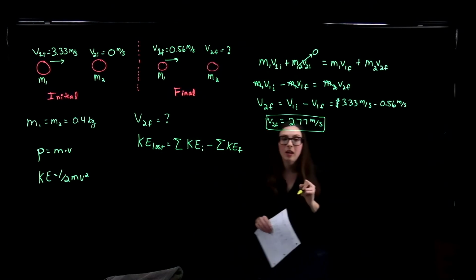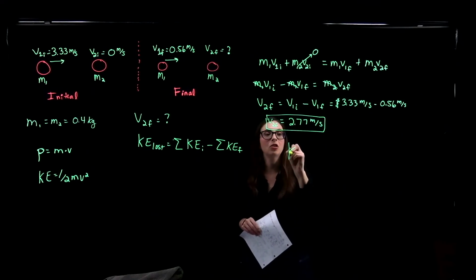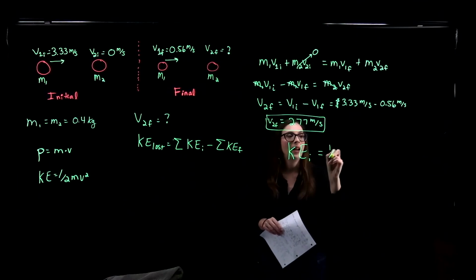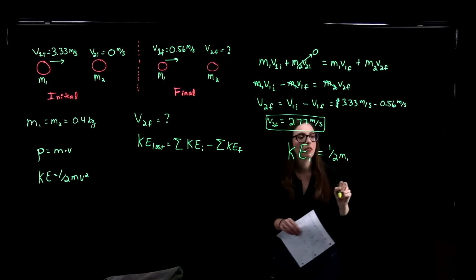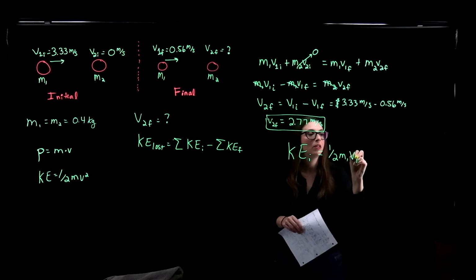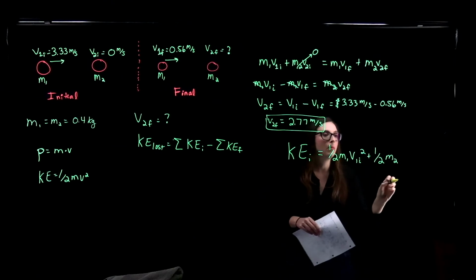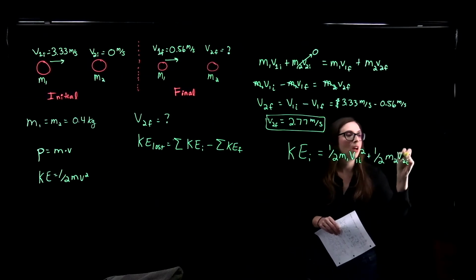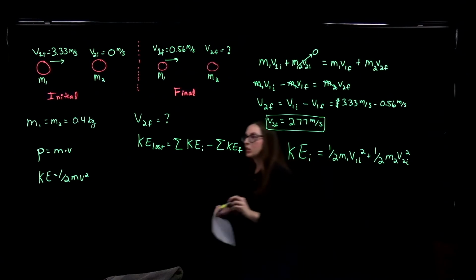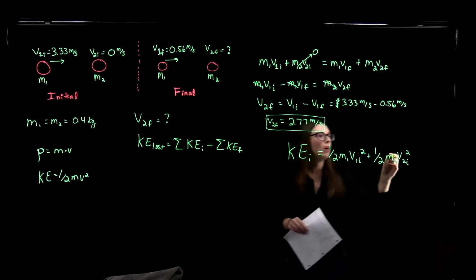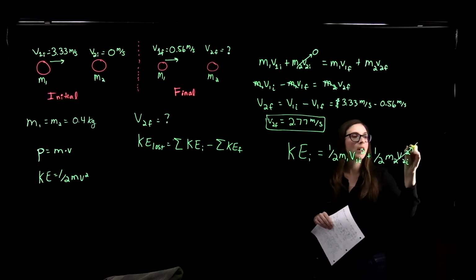So let's think about what all the initial kinetic energies in my system were. We had 1/2 times the mass of the first ball times the initial velocity of the first ball squared, plus 1/2 times the mass of our second ball times its initial velocity squared, because kinetic energy is 1/2 mv squared. Our second ball had no speed, so that term is 0.